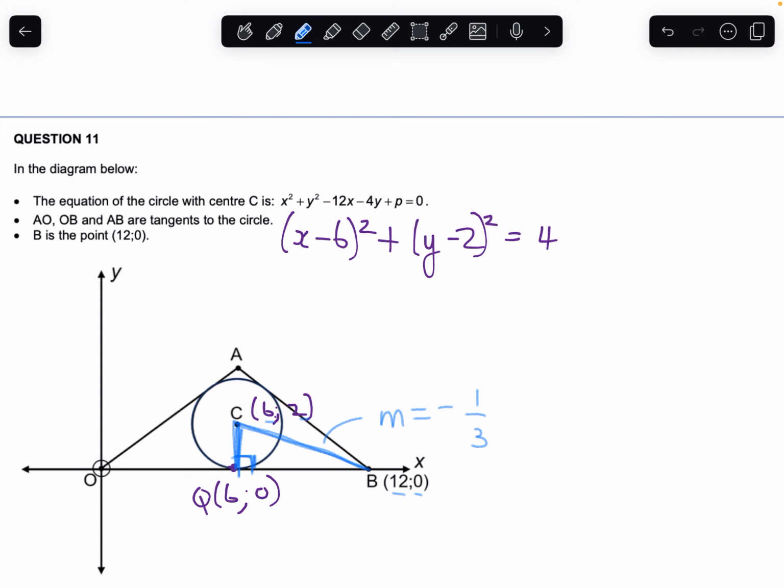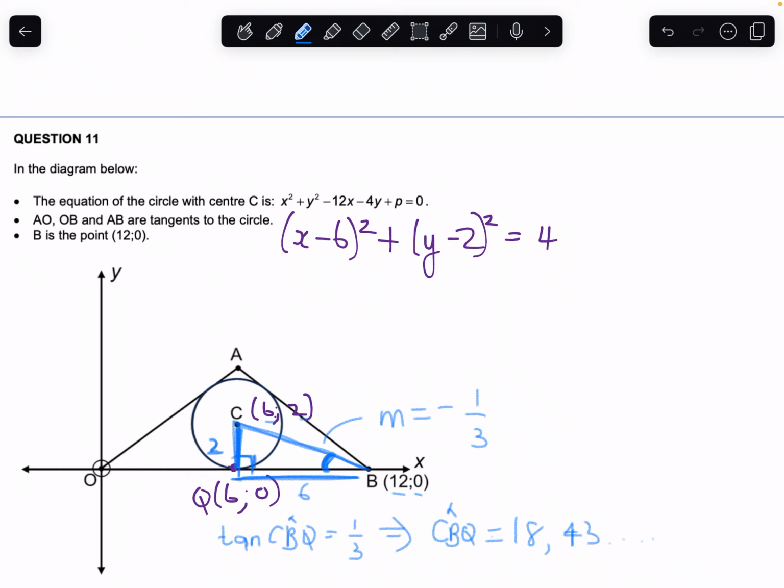So tan of this angle over here is opposite, which is 2, over adjacent, which is 6. So tan of angle CBQ is a third, which then results in them working out that CBQ is roughly 18.43 degrees.